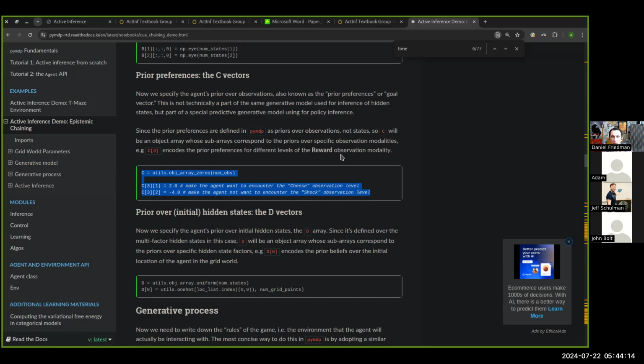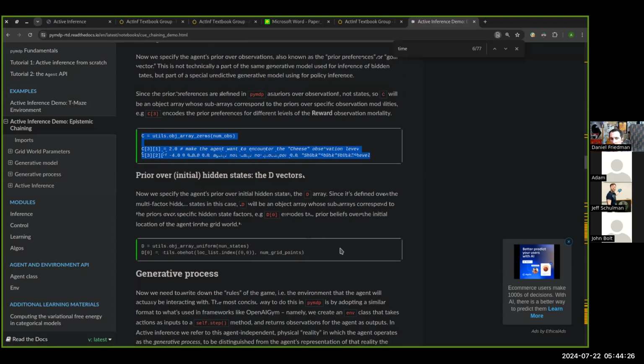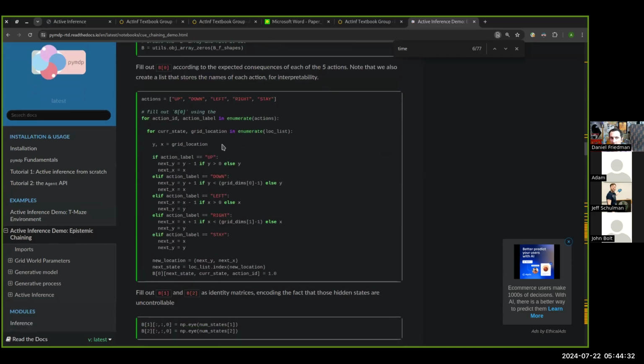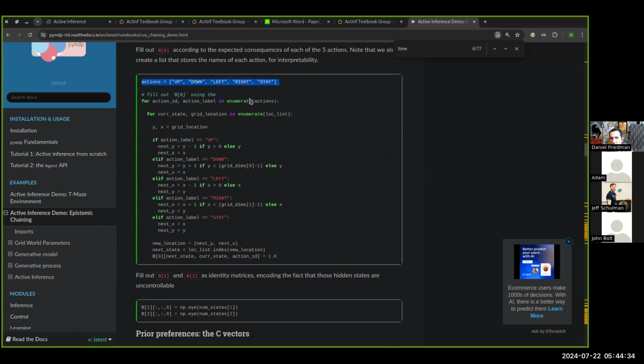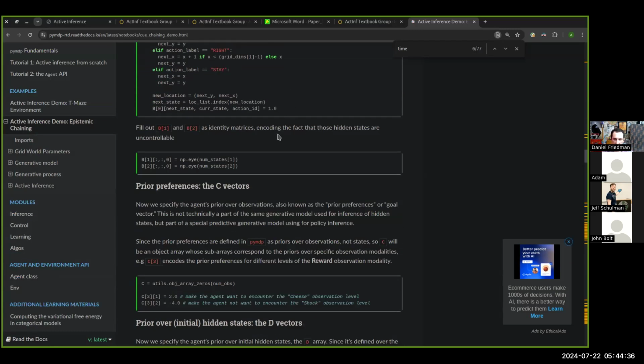Whereas conversely, if you have hyper-precise priors, there's no epistemic opportunities, and strong preferences, you get the special case of utility maximization. Then the prior over D is specified. So that was A, B, C, D, and E, just framed in terms of the actions, basically.